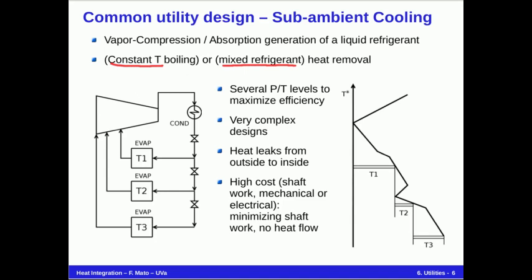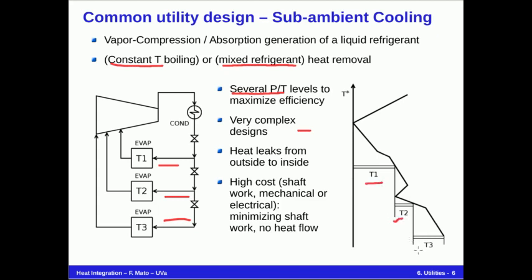Like with the steam system, it's very normal to use several pressure temperature levels to maximize efficiency, cooling the process at different levels. This makes for very complex designs that are normally well carried out in the grand composite curve.